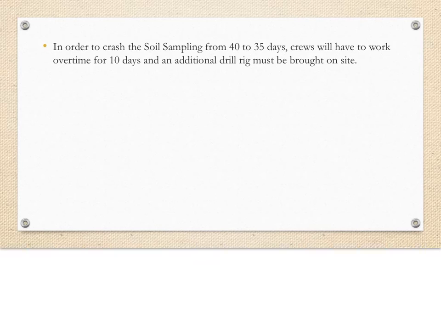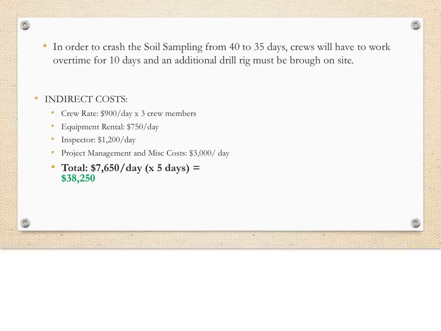We figure that in order to reduce the duration of the task by 5 days, we will need to ask the crew to work overtime for 10 of the days. We will also need to bring in an additional rig. So by reducing the duration 5 days, we will be saving on paying the drill crew for 5 days.